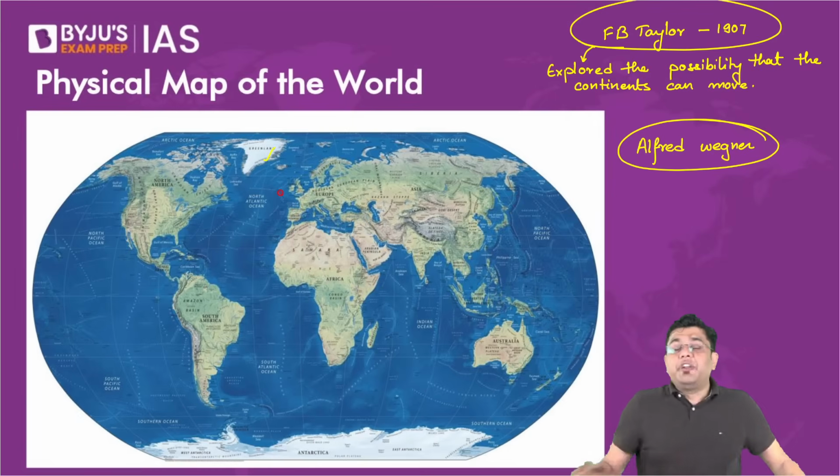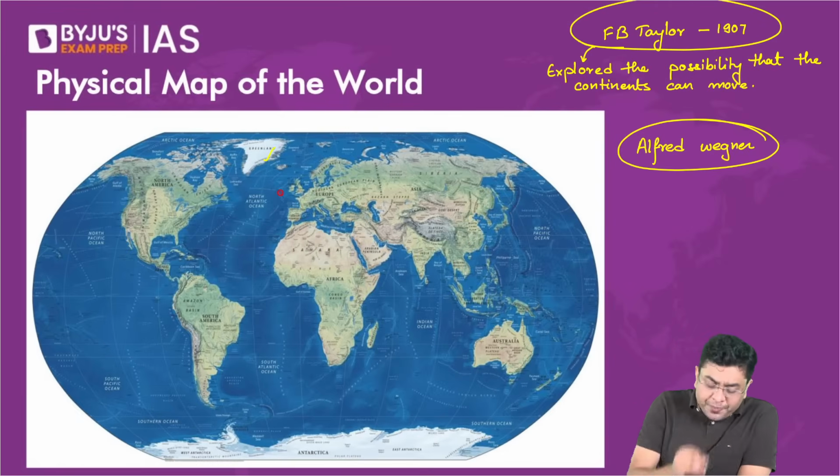Now, once Alfred Wagner looked at the physical map, a few things struck his imagination immediately. And what were those things? First of all, he observed the shape of the continents and oceans, and thereby observed certain facts.